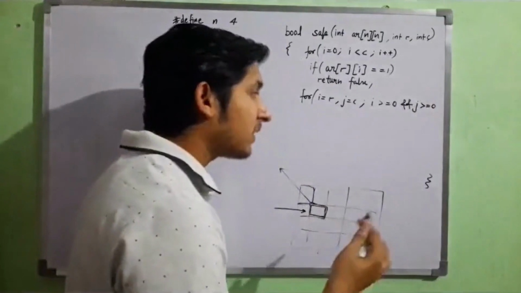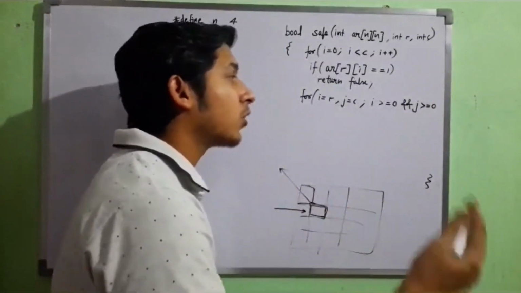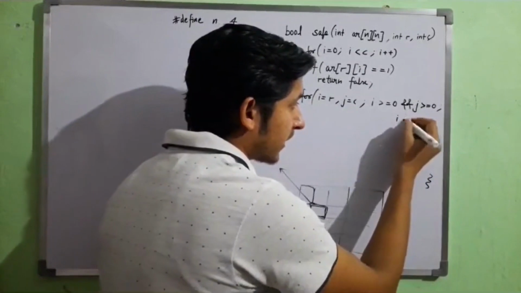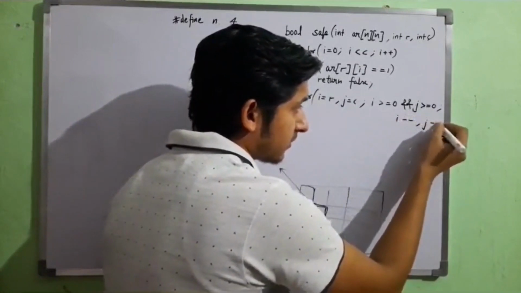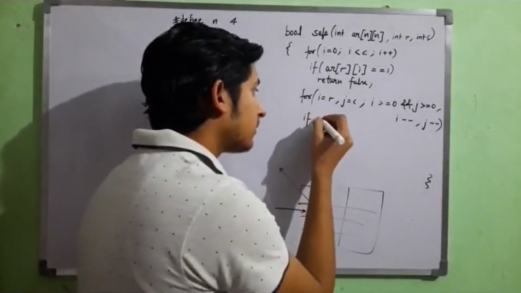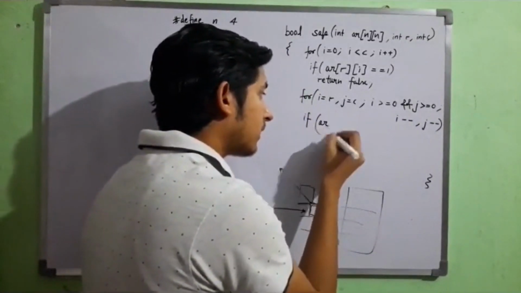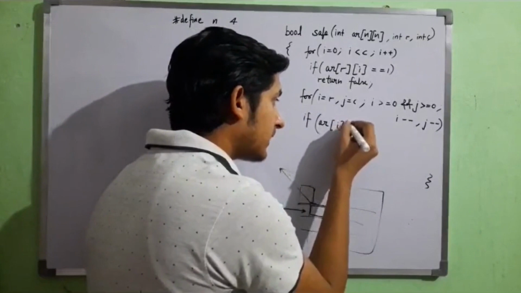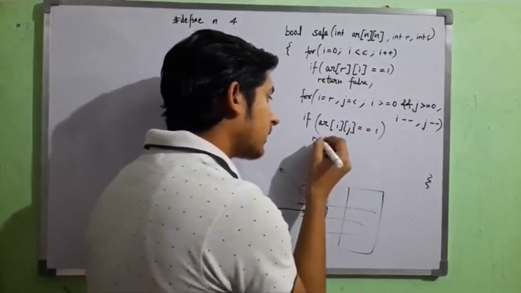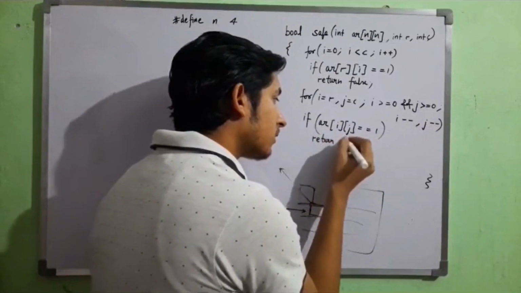Otherwise it may be the case that one gets 0 and the other does not. So that's not the case we should be considering. So i minus minus and j minus minus. So moving this diagonal, if AR of i, j is equal to 1, then return false.